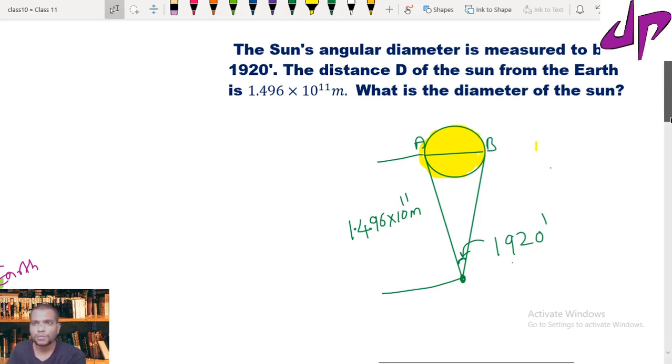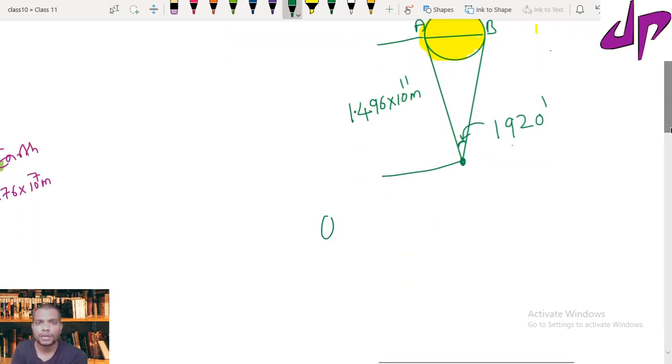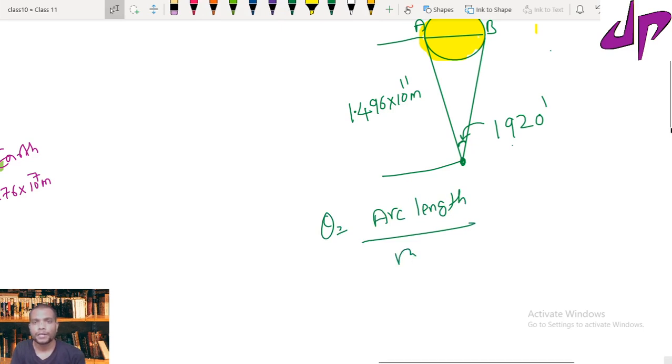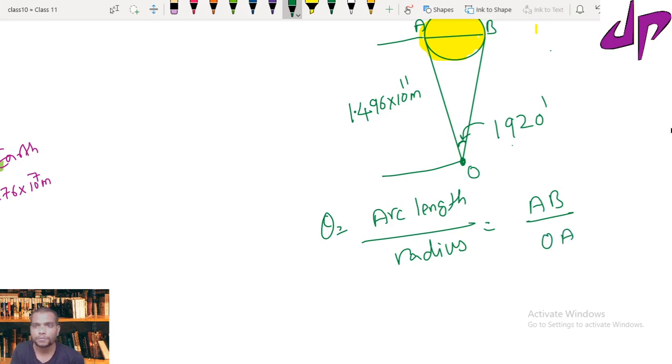We use the same formula, theta equals arc length upon radius. Here I need to find the arc length AB, taking the radius as OA. Therefore arc length AB equals theta times OA.